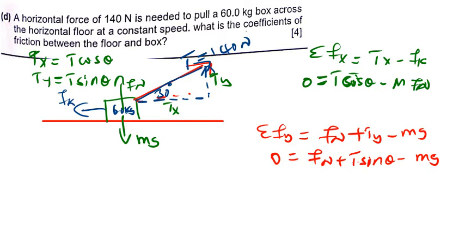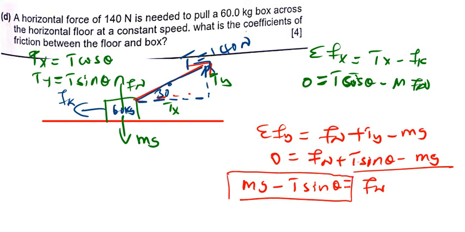Okay, so I can shift these two to the other side. So it's going to be mg minus T sin theta is equal to Fn. Meaning that this mg minus T sin theta is the one I'm going to replace there. Does that make sense? Then you make mu the subject of the formula.